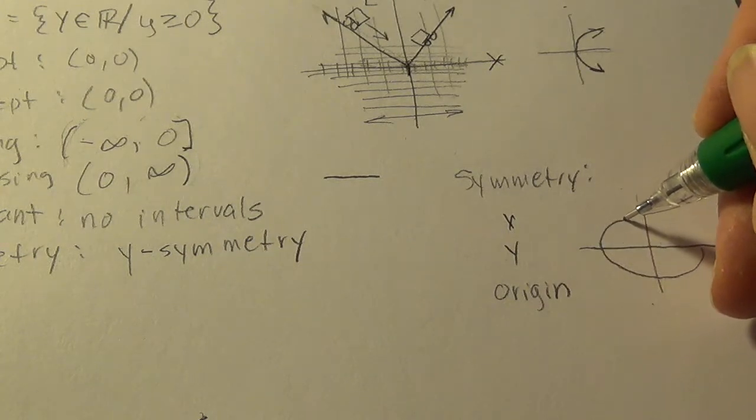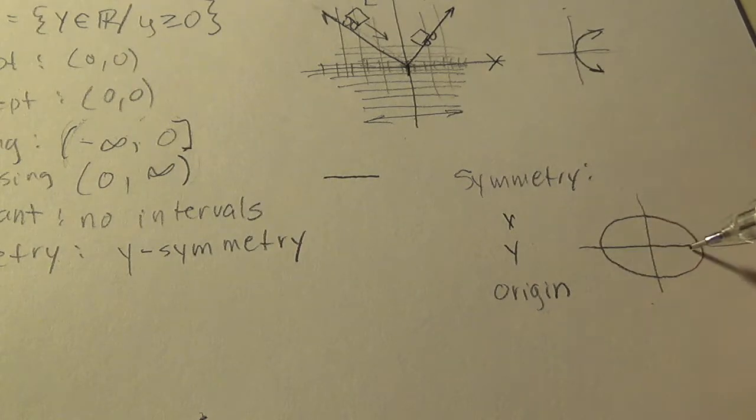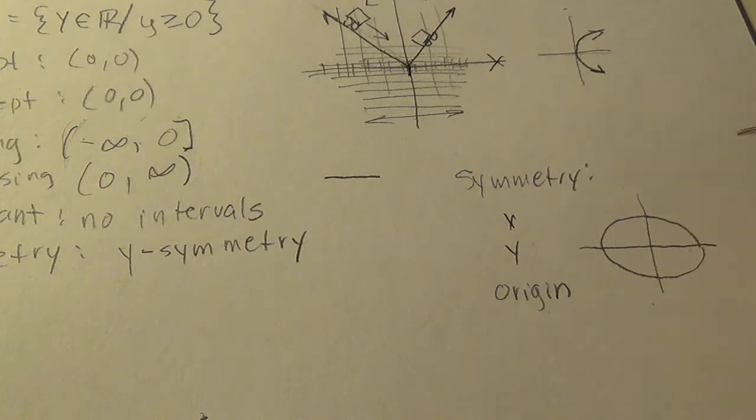Say this is like an ellipse, so it's longer this way than it is this way.